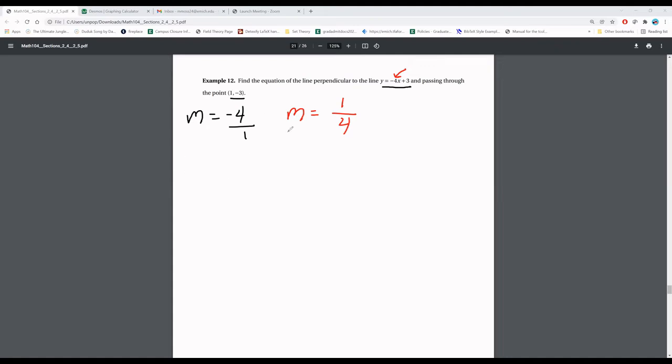Now we could go directly to the point-slope form, and that would be a useful thing to do. Let's see how to do this using slope-intercept. Just to refresh ourselves, we can plug in what we know. We know the slope.